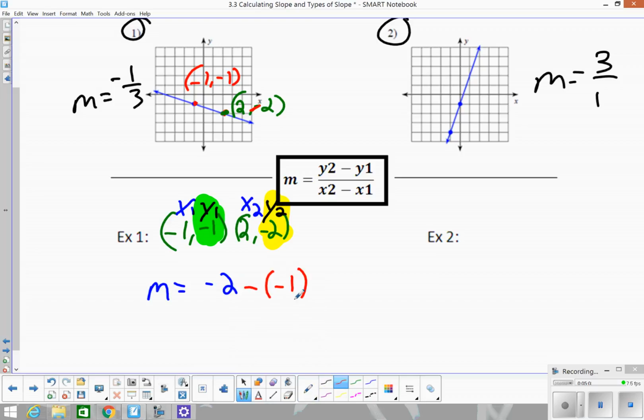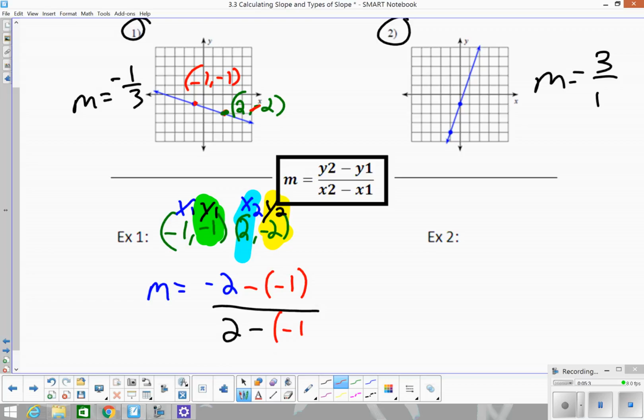So I have my y2, which is negative 2, minus my y1, which is negative 1. Good, now I'm just going to put that over my x2, which is positive 2, minus my x1, which is negative 1.